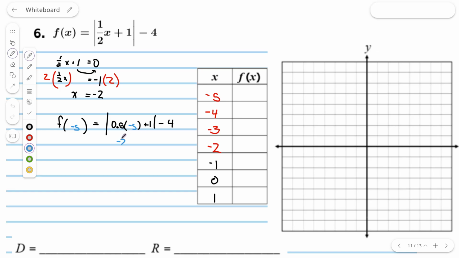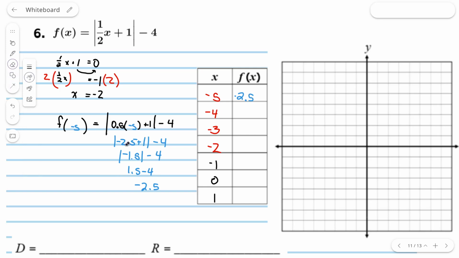So that's negative 2.5 plus 1. Take the absolute value of that. That's going to be a negative 1.5. Take the absolute value of that. And so that's going to give me a 1.5 minus 4, which gives me a negative, oops, not 3.5, 2.5. So that's my first ordered pair.